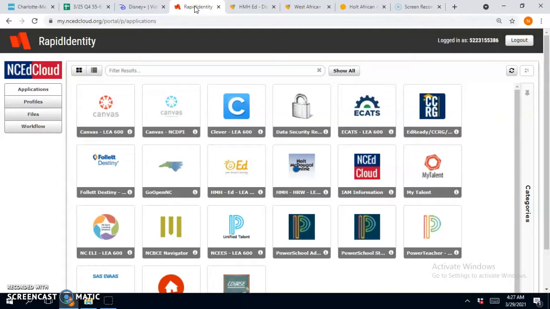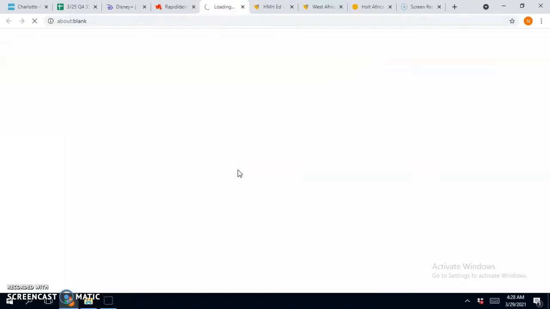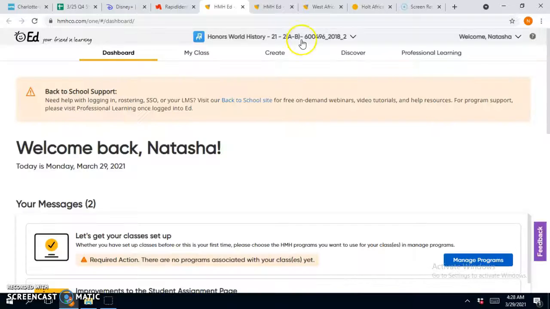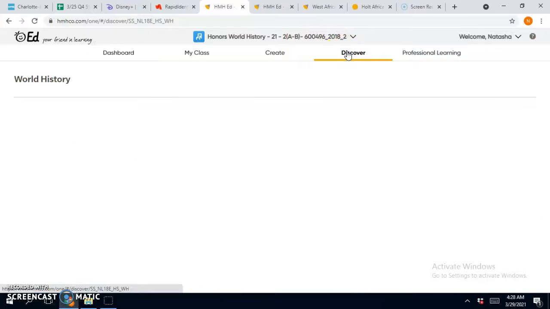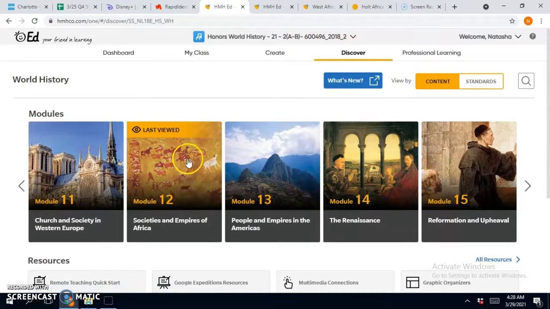If you go to your NC Ed Cloud, go to the regular textbook for HMHED, and you click on that, and you're going to do it like we normally do. It's just the module for African empires is module 12. So when you hit discover and it pops up, instead of going to 13 where we were learning about Mesoamericas, you're now going to go to module 12.